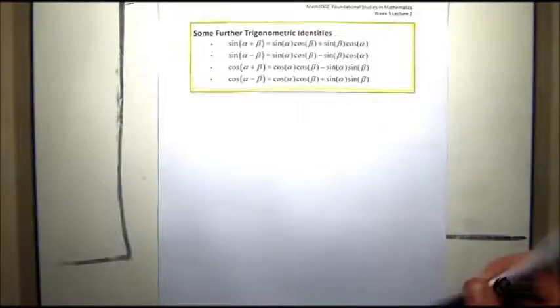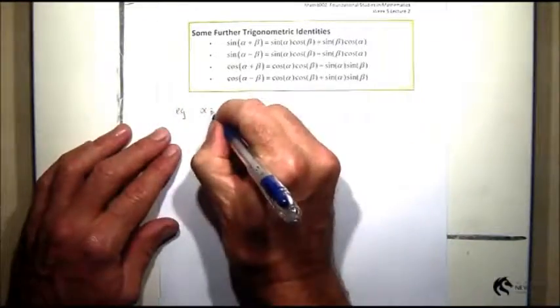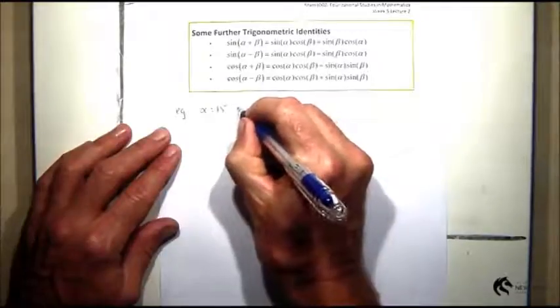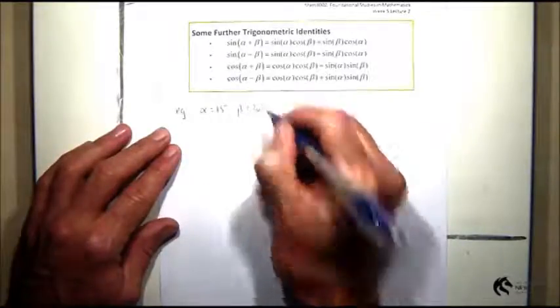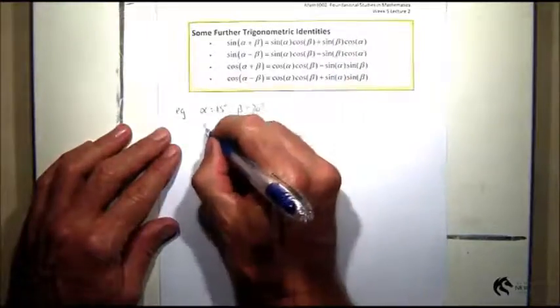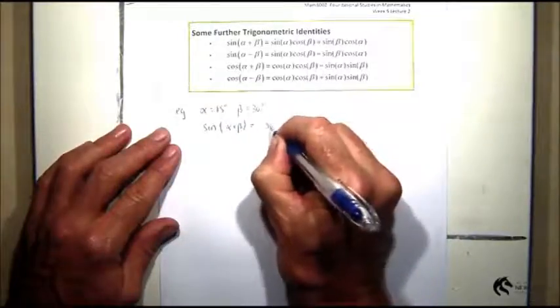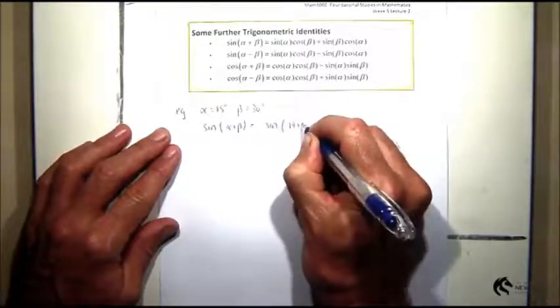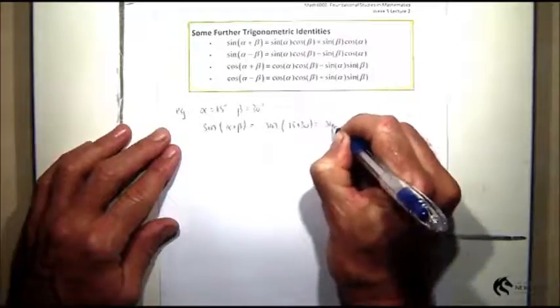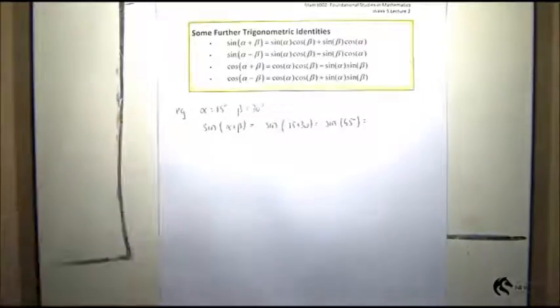So for example, if I just quickly do an example of this. If alpha was 15 degrees and beta was 30 degrees, then if I work with the first one, it would say the sine of alpha plus beta is the sine of 15 plus 30, which would be the sine of 45 degrees, which if I have a look on my table that I keep needing to bring to the top, here it is.